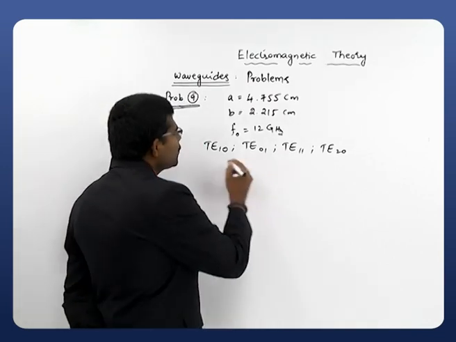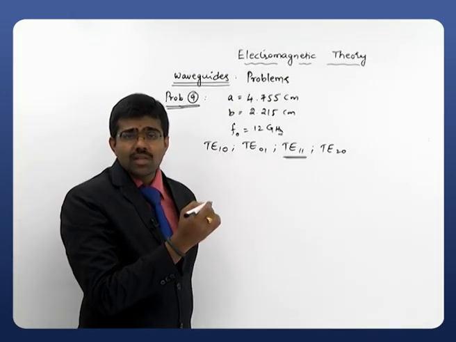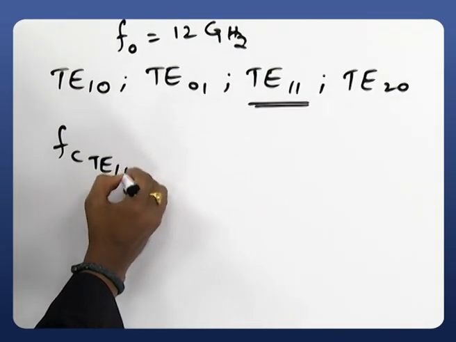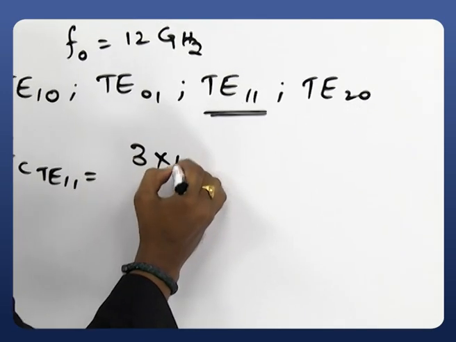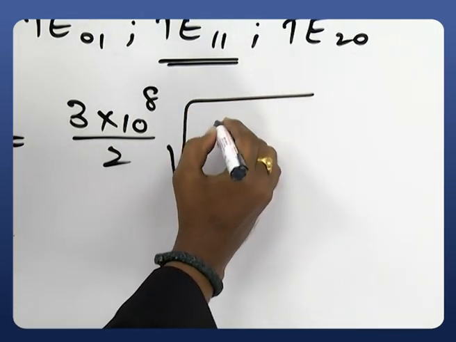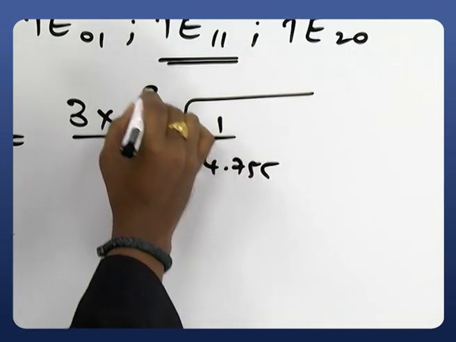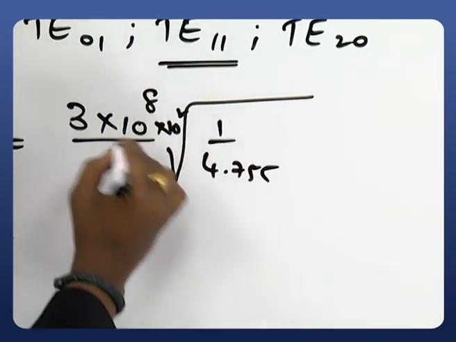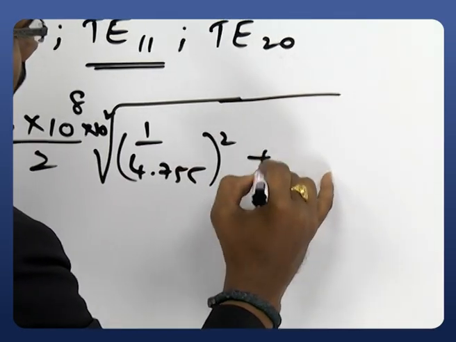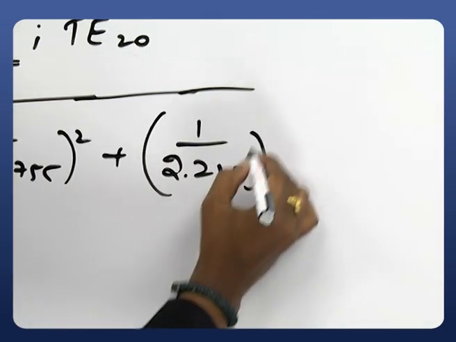Clearly, among these four, TE11 is the higher order mode. So for this TE11, calculate the cutoff frequency. What is the cutoff frequency for TE11? FC for TE11 is equal to C by 2, 3 into 10 power 8 divided by 2, square root of m equal to 1 divided by A, which is 4.755 centimeter, and I will consider this in centimeters, whole square, plus 1 by B square, B is 2.215 centimeter square.